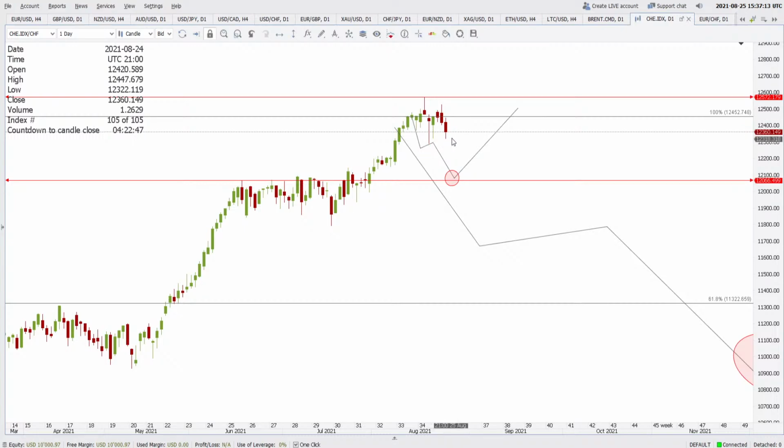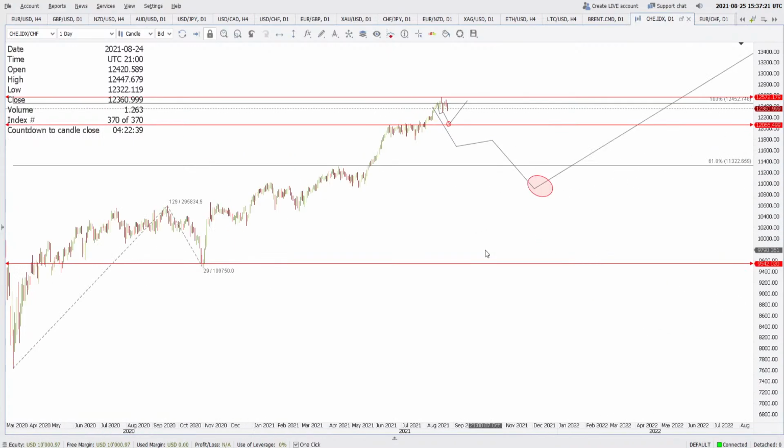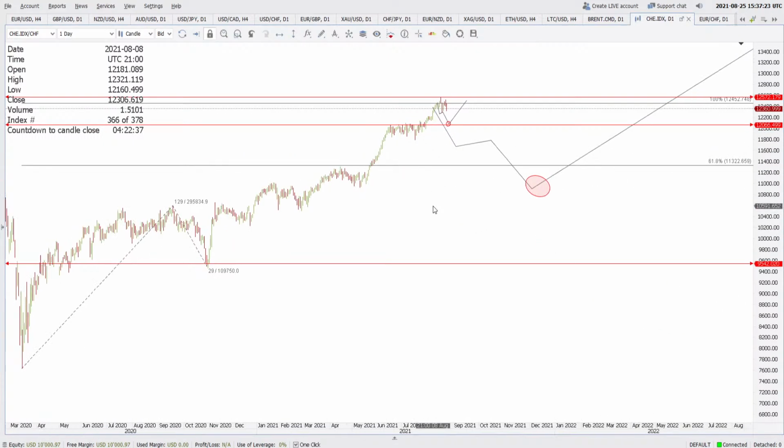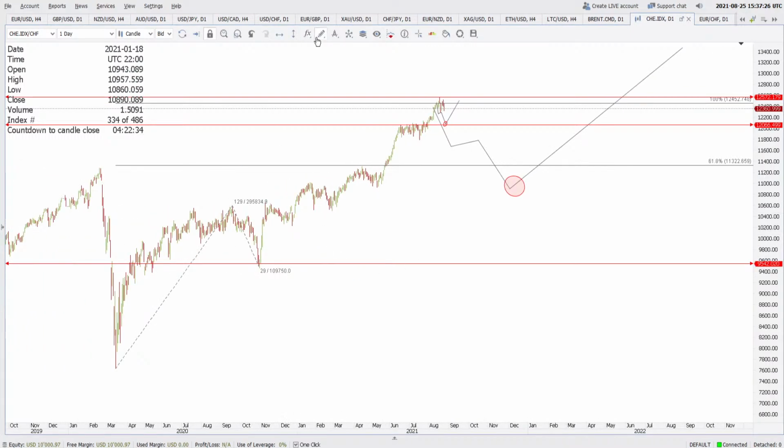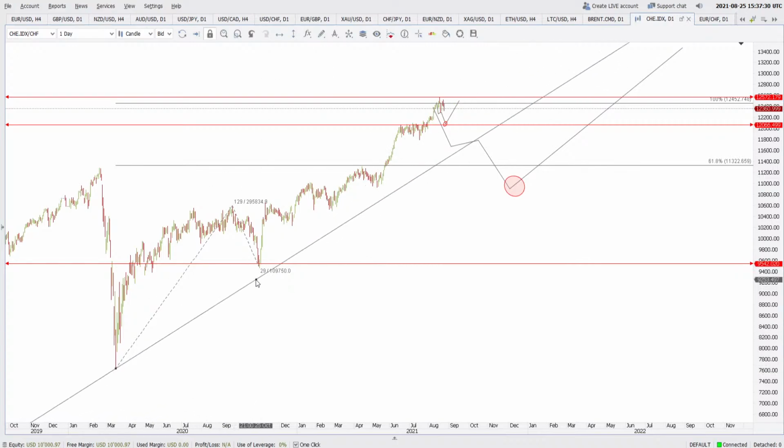Do you think that a lot of people will be trying to buy right now? I'm not of that opinion, but I think we should go with the crowd, because the crowd is what moves the market. So a lot of people will be looking at this level here, or otherwise what you can do is create a channel like this.